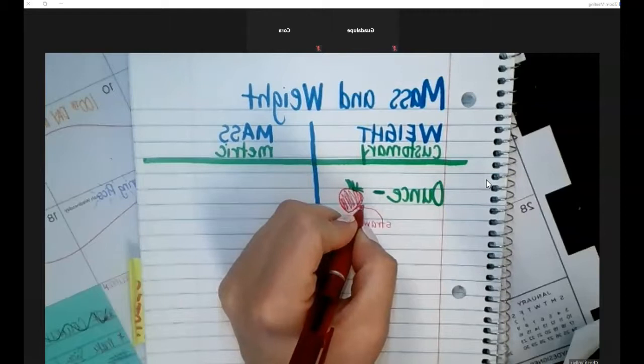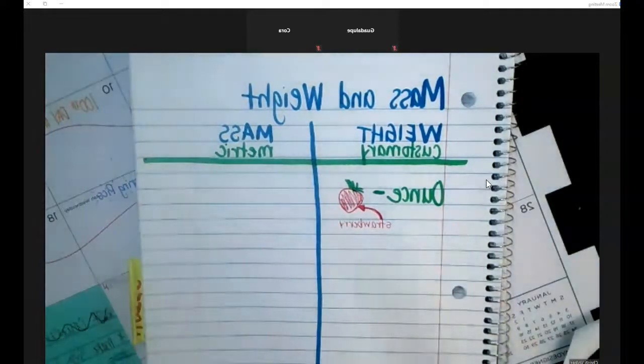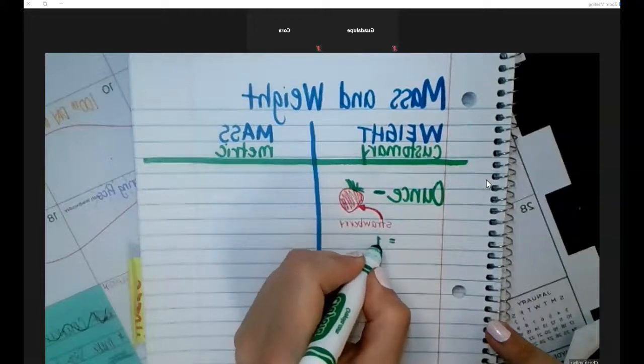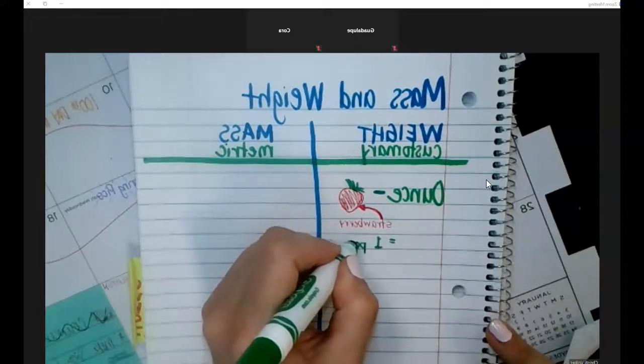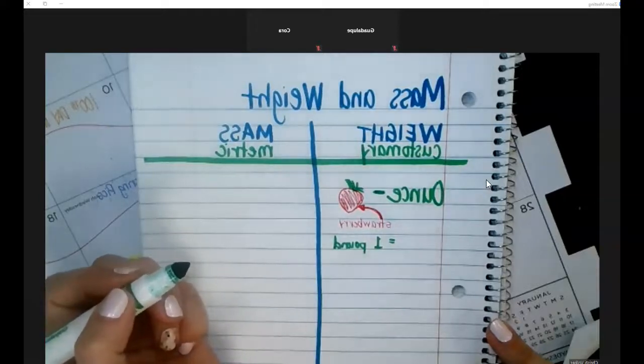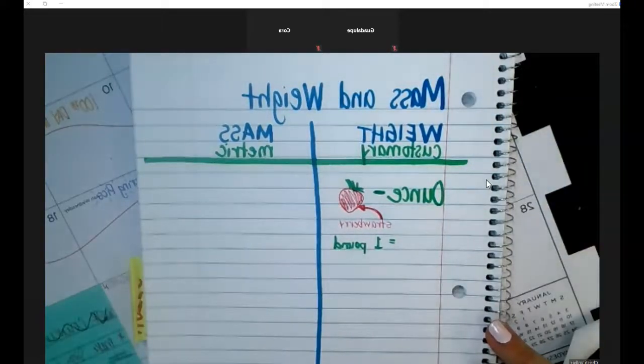Does anybody remember how many ounces it takes to equal 1 pound? Allie? Remember we talked about the slices of bread? How many slices of bread did we have to draw to equal a pound?